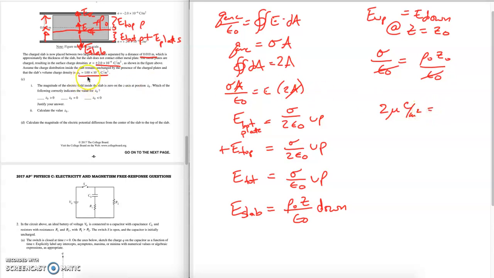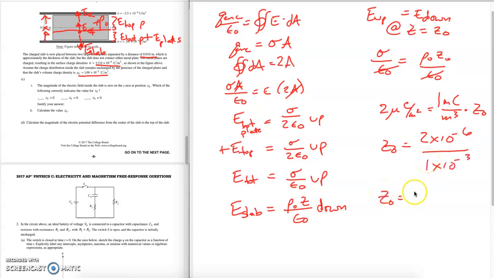Rho was, looks like 1 millicoulomb per meter cubed times z naught. So then z naught is going to be 2 times 10 to the minus 6th over 1 times 10 to the minus 3rd. Gets us z naught is equal to 0.002 meters, or 2 times 10 to the minus 3rd, because minus 6 and minus 3 cancel each other out.